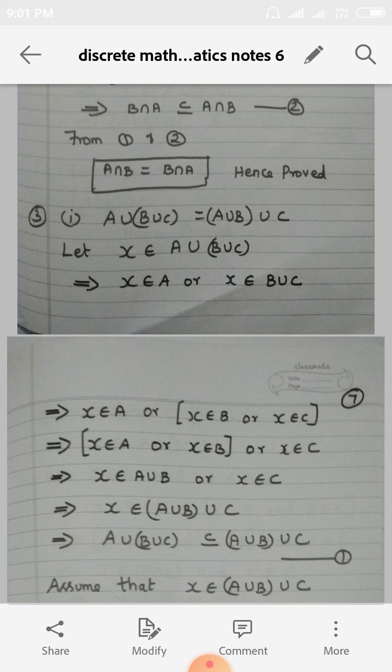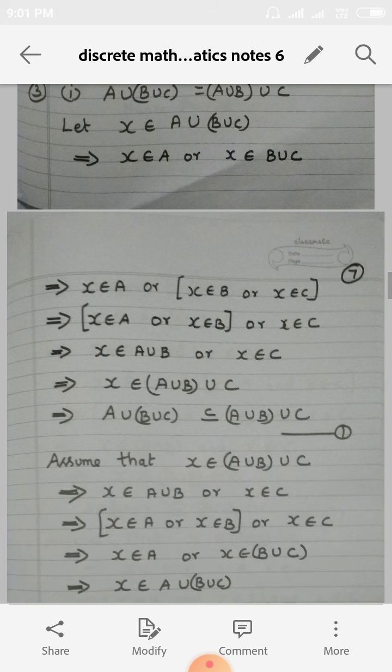So X belongs to A or X belongs to B union C. The second part, X belongs to B union C, can be written as X belongs to B or X belongs to C.